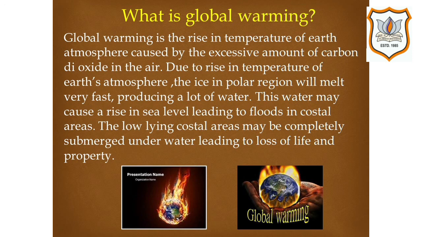This water may cause a rise in the sea level, leading to floods in coastal areas. The low-lying coastal areas may be completely submerged underwater, leading to the loss of life and property.